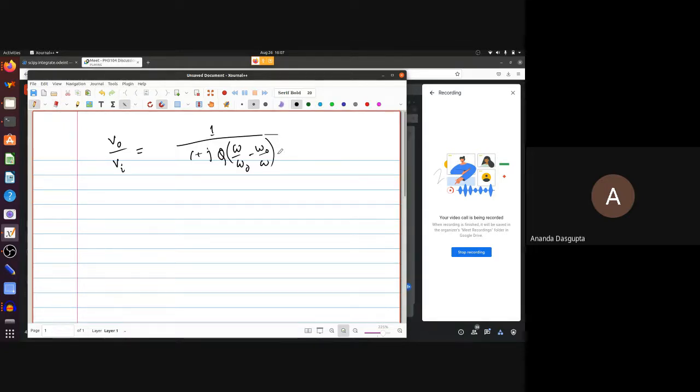But what is important is that these values that you have got, the VO by VI ratio, that's for a particular omega, a particular frequency. And that actually implies that you're assuming that the input is sinusoidal. Only if the input is sinusoidal with a definite frequency will this expression make sense. Otherwise, this expression simply doesn't make sense, right? Is that okay so far?